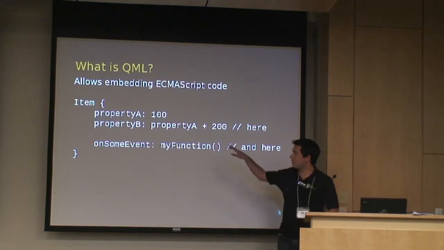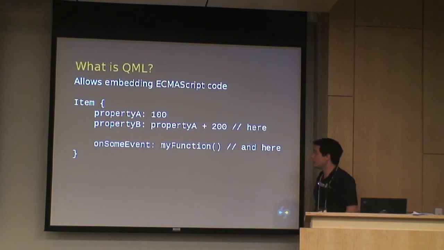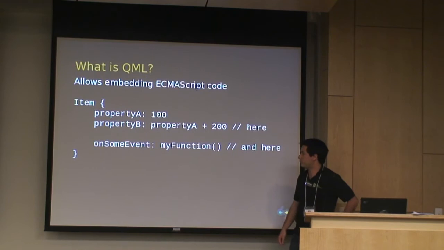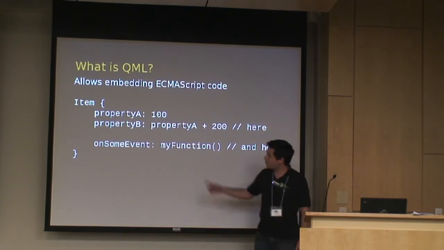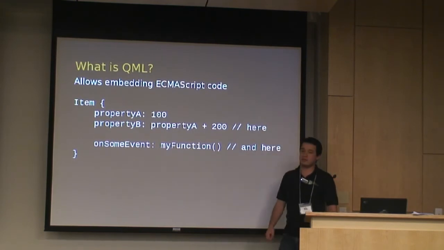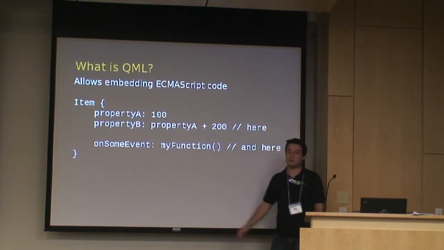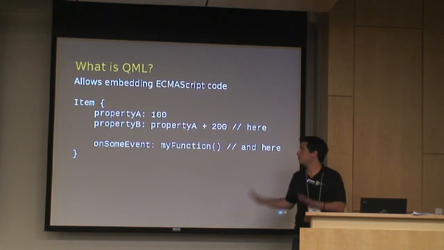So you can say that property B is property A plus another value. And this is an ECMAScript expression. You can have a property called onSomeEvent, which has a piece of code in ECMAScript as well. Okay.